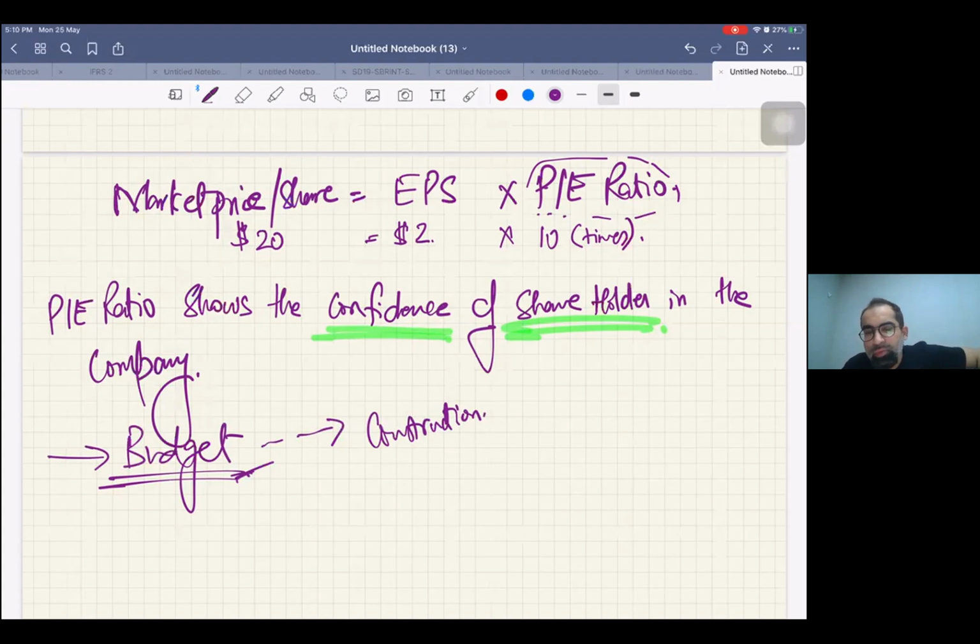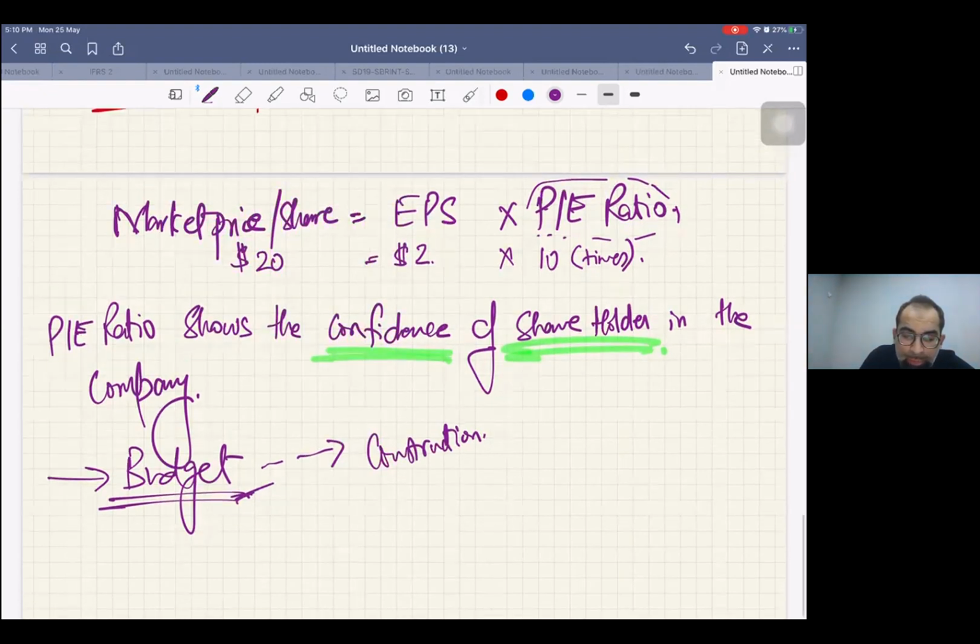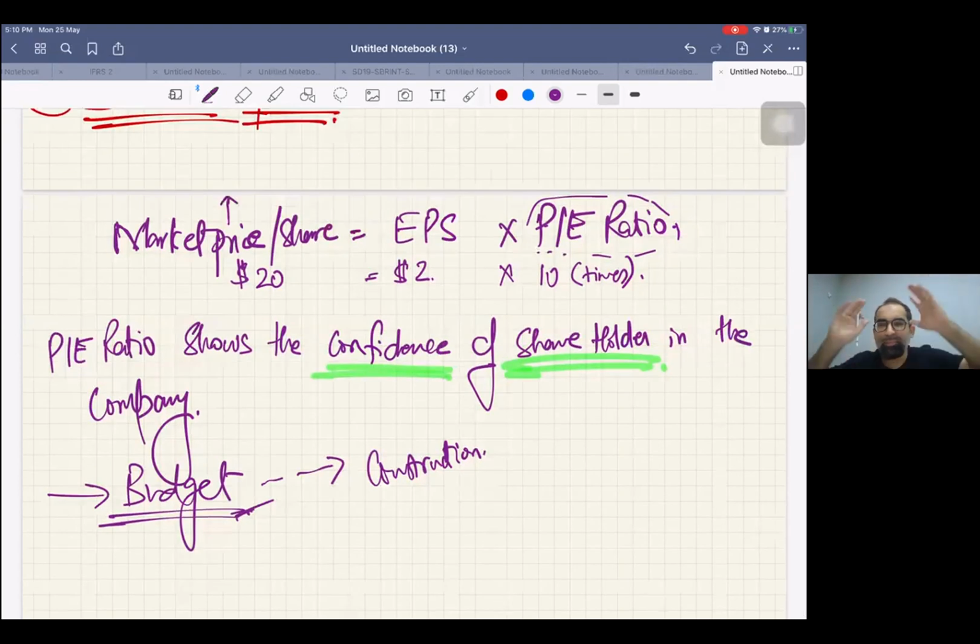And you know what is the basic ingredient of construction? Cement. Cement is one of the basic ingredients of construction. So when such an announcement comes in the budget, listen, the share price of cement companies goes up on the same day of the announcement.